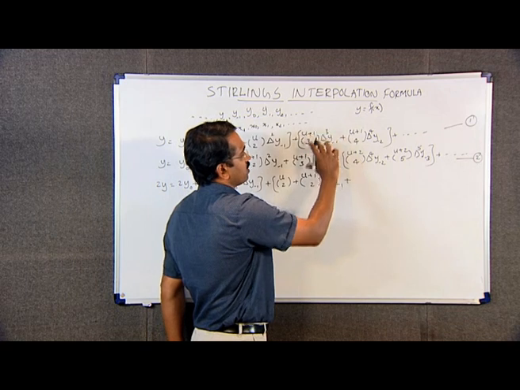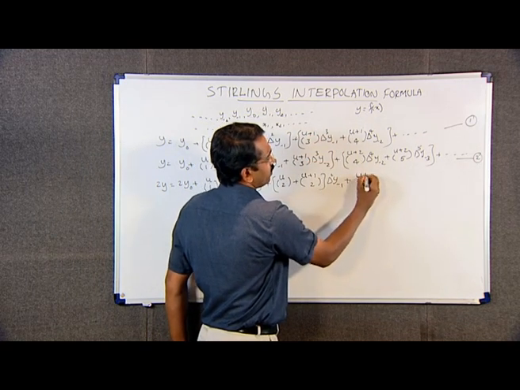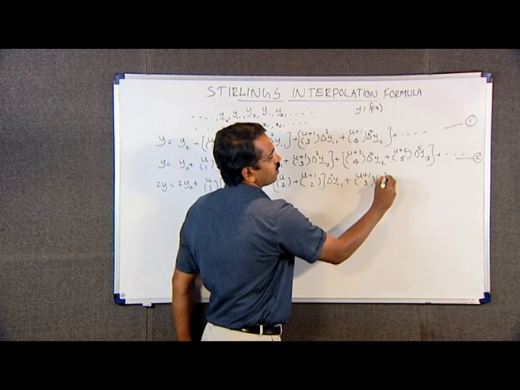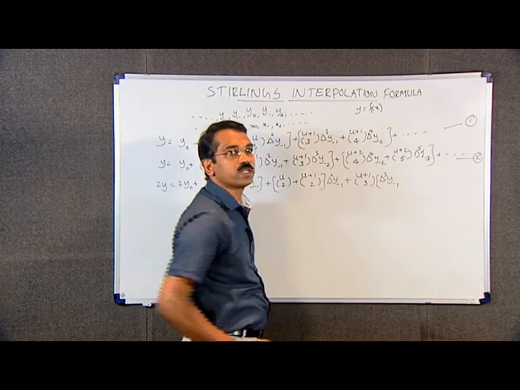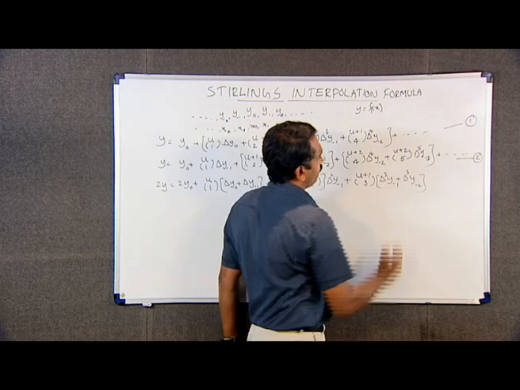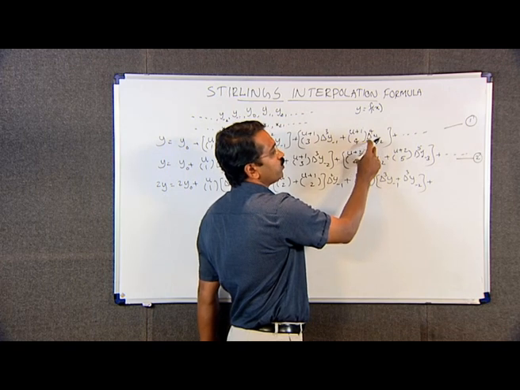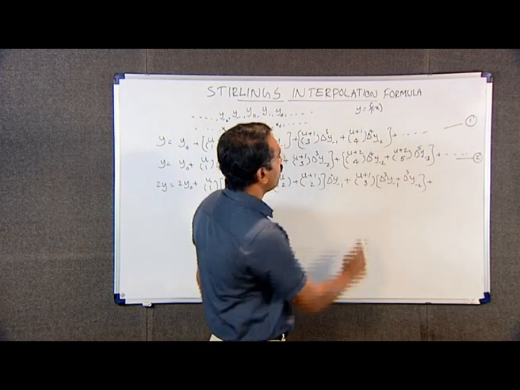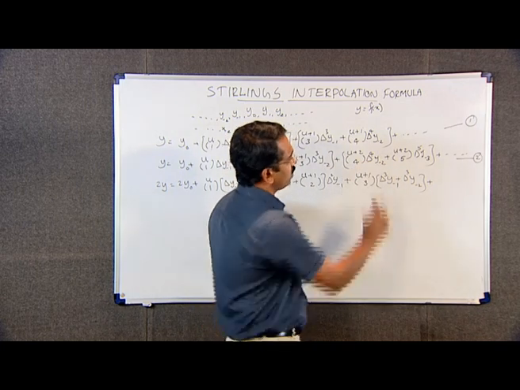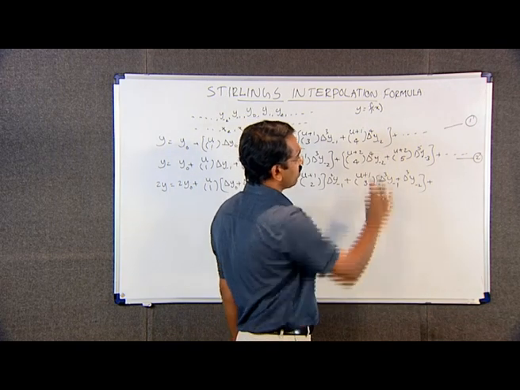We can write the sum of these 2 as u plus 1 c3 is common into delta cube y minus 1 plus delta cube y minus 2 plus next term is u plus 1 c4 into delta raised to 4 y minus 2 and u plus 2 c4 into delta raised to 4 y minus 2, that is delta raised to 4 y minus 2 can be taken as common.